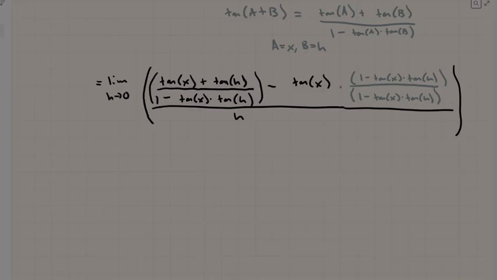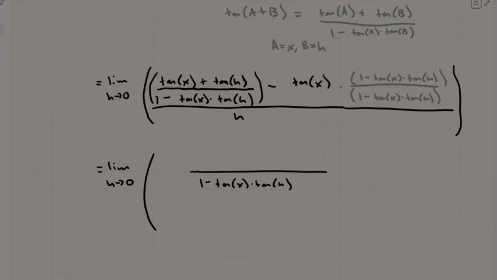Because then when we do that, we can go ahead and combine the two terms in that numerator together. And so I'm going to go ahead and write this as the numerator as one big fraction under 1 minus tangent of x times tangent of h.